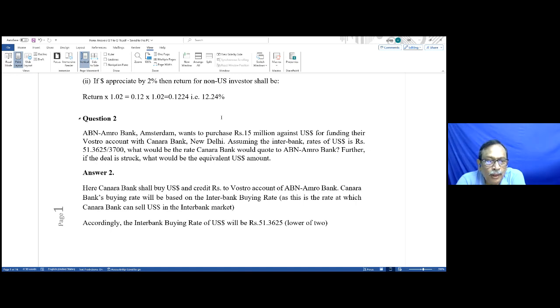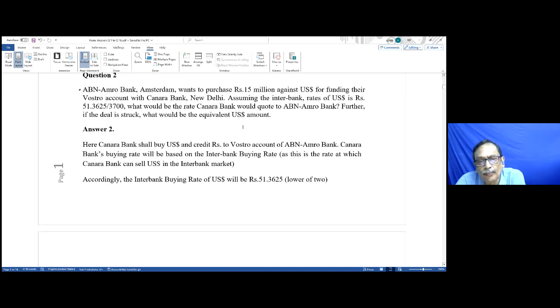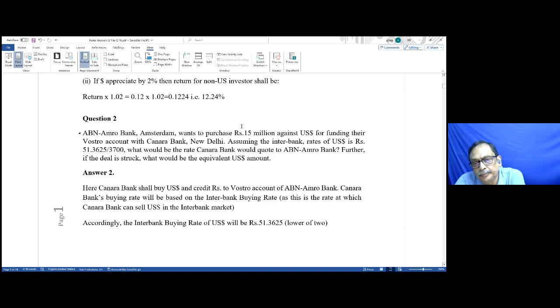Here Canada Bank shall buy US dollar and credit rupees to the Vostro account of ABN AMRO Bank. Canada Bank's buying rate will be based on the interbank buying rate, as this is the rate at which Canada Bank can sell US dollar in the interbank market.